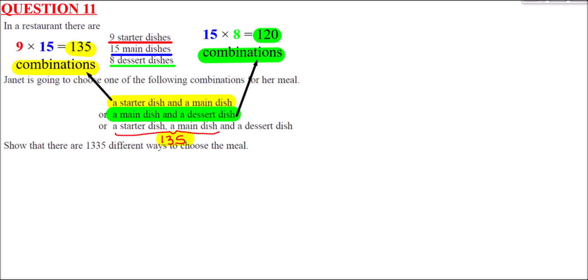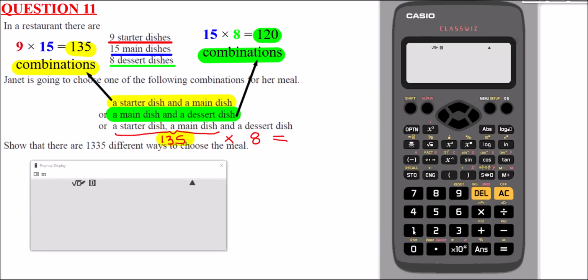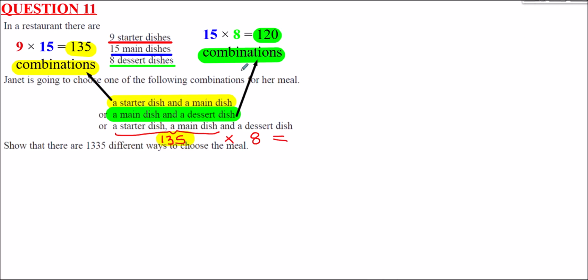But then, she'd have, with these 135 combinations for the starters and mains, a choice of 8 different desserts to go with those. So if she had a starter, a main, and a dessert dish, it'd be 9 times 15, 135, multiplied by another 8 for the desserts. So that'd give her a choice of 135 multiplied by 8, which is 1080 choices. That's 1080 combinations.